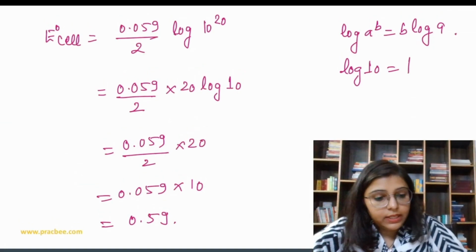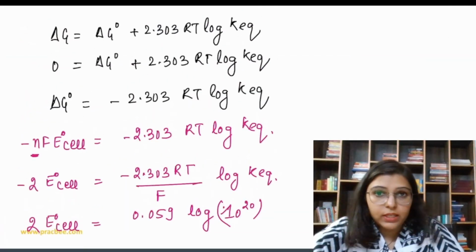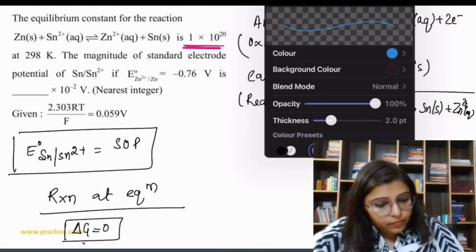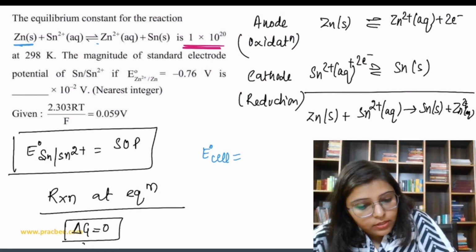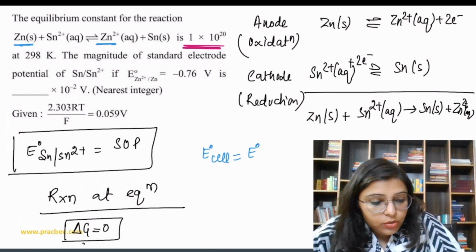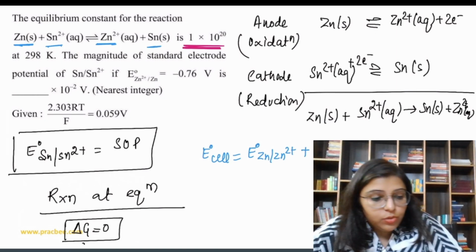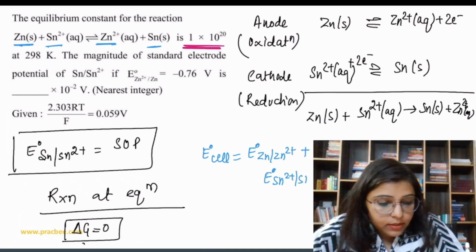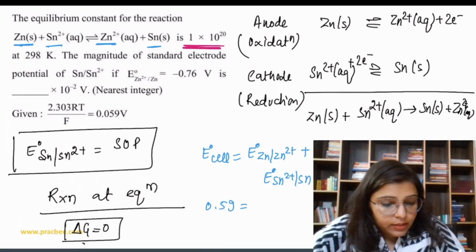Now if we talk about E naught cell, see what E naught cell is over here. It is oxidation Zn to Zn2 plus, so E naught Zn to Zn2 plus, then salt bridge, and then reduction Sn2 plus to Sn, so E naught Sn2 plus to Sn. So E naught cell comes out to be 0.59.